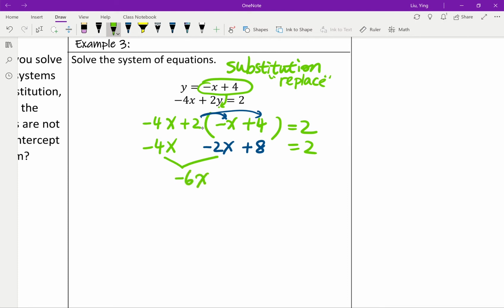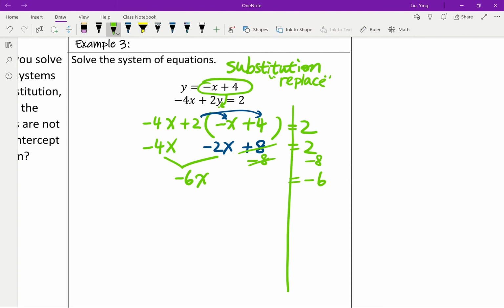And then this 8 here, we want to move it to the other side to be not with the variable. So we subtract 8 on both sides. If it helps, draw a line. So 2 minus 8 is negative 6. Okay, so that way we now have only x on one side and only the constants on the other side.